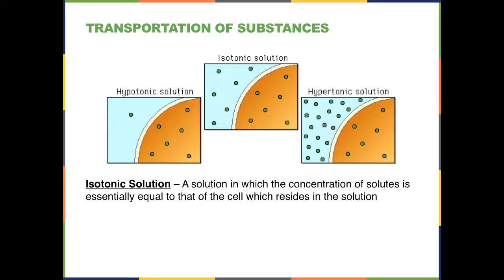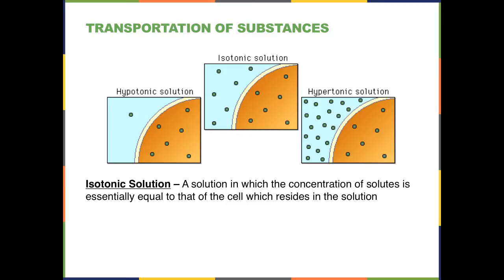Now, it does not mean that those same molecules stay on the outside and the same molecules stay on the inside. Molecules pass in and out of the cell, but the concentration never changes. And this is known as a dynamic equilibrium because things are moving, but the overall situation does not change. This is like people walking inside and outside the room at the same rate, such that the number of people in the room always remains the same.